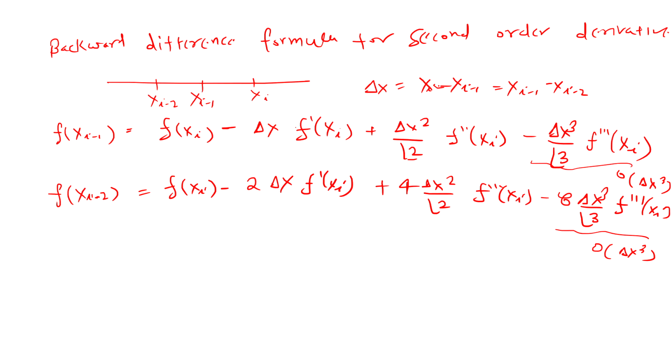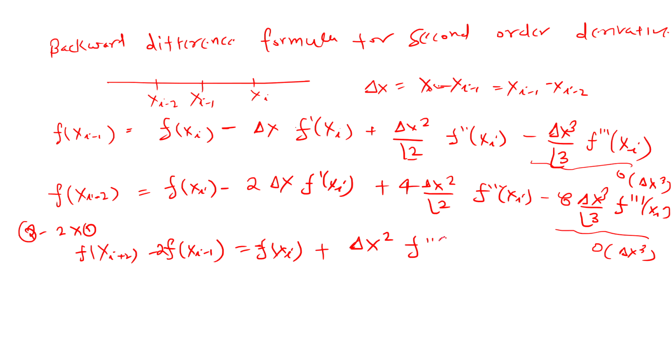Now what I want to do is second minus 2 times first, and that will give me f of xi minus 2 minus 2 f of xi minus 1 equal to f of xi plus delta x square f double prime xi plus order of delta x.